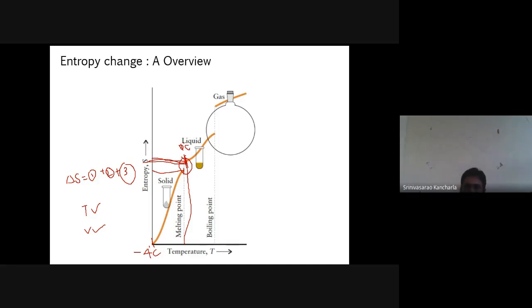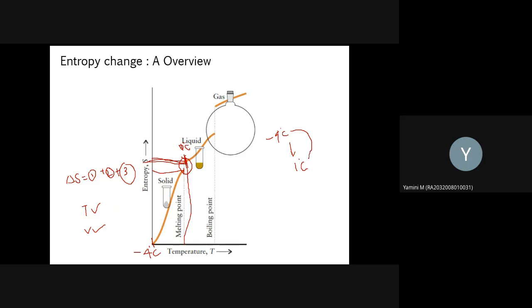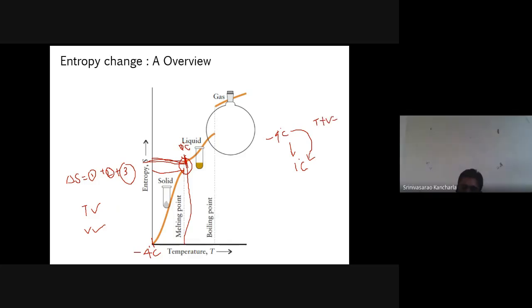If you are asked to calculate the change in entropy from -4 degrees centigrade to 1 degree centigrade, what will you do? You have to sum up the entropy change due to the temperature change, the volume change, and also the phase change. So three changes, all these three stages you need to consider.